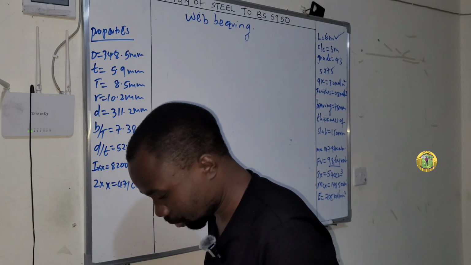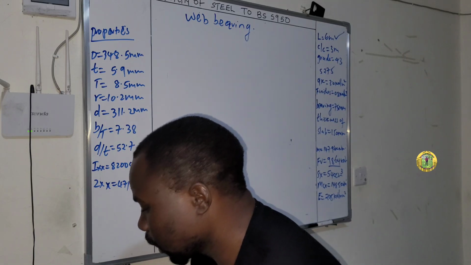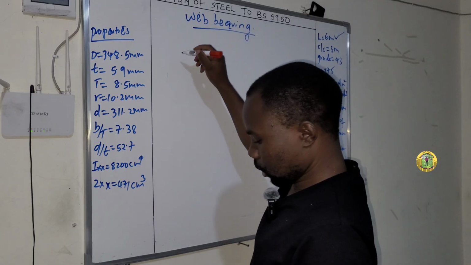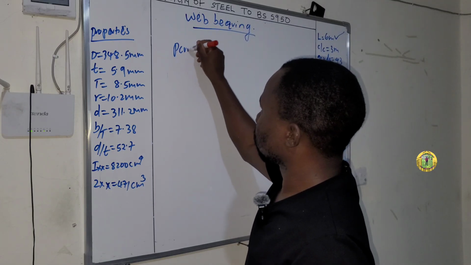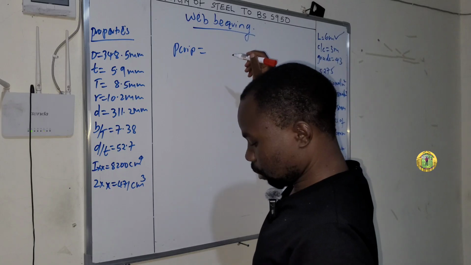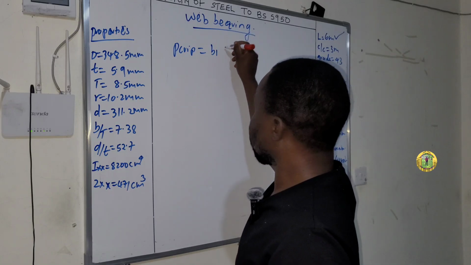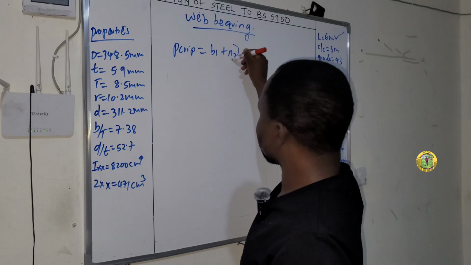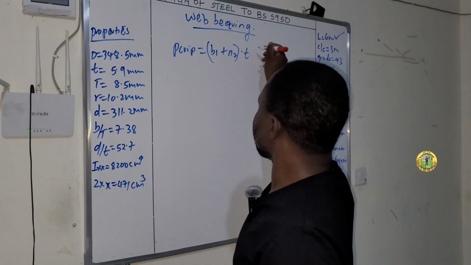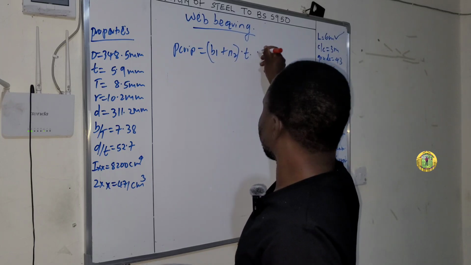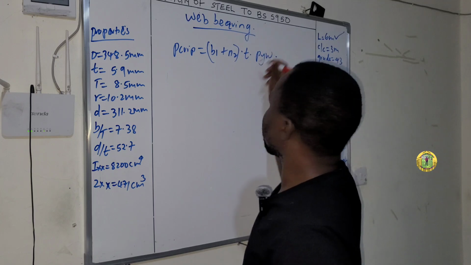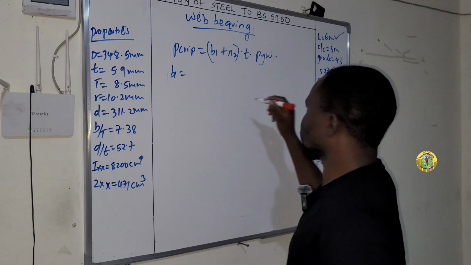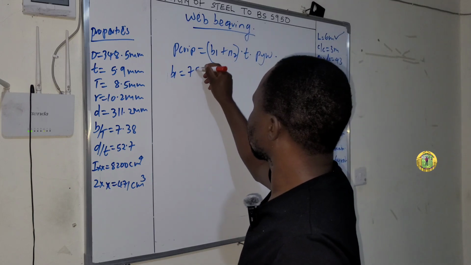Web bearing. The web bearing resistance is given by this formula, (B1 plus N2) times t times PYW, whereby B1 is equal to the bearing length, which is 75 millimeter.